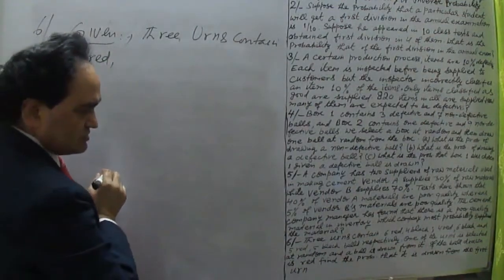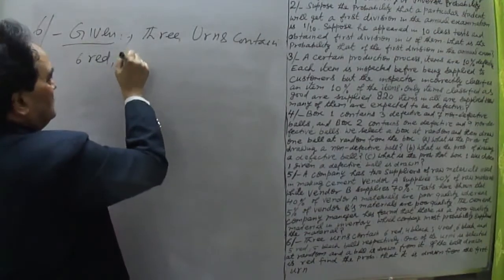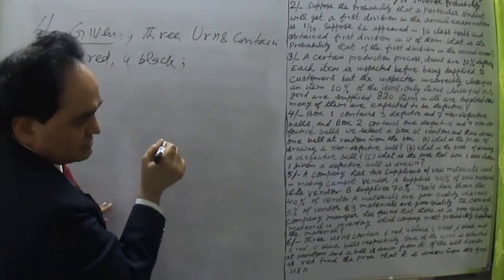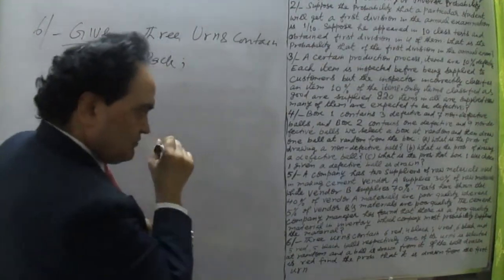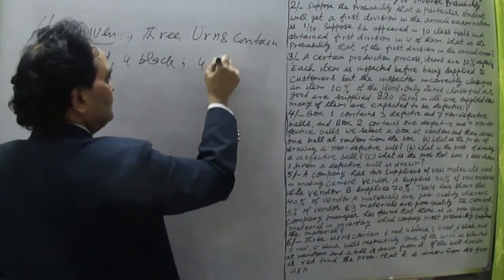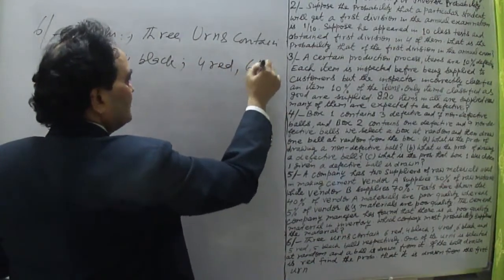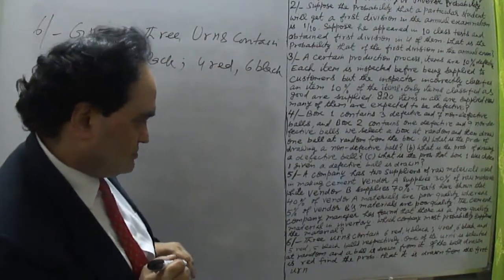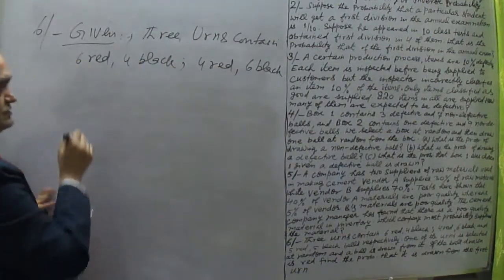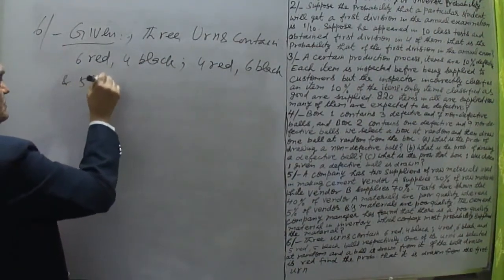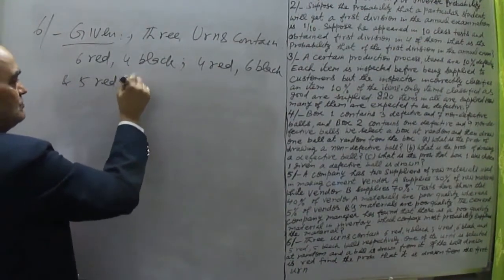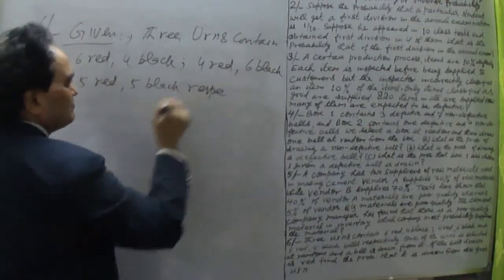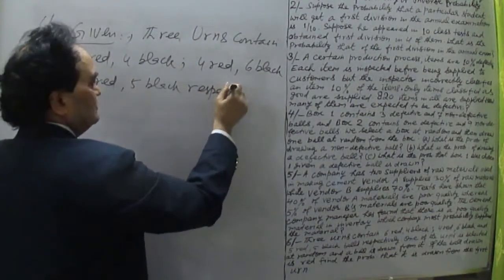So the first urn has 6 red, 4 black, then the second one is given as 4 red, 6 black, and the third one 5 red, 5 black, respectively.